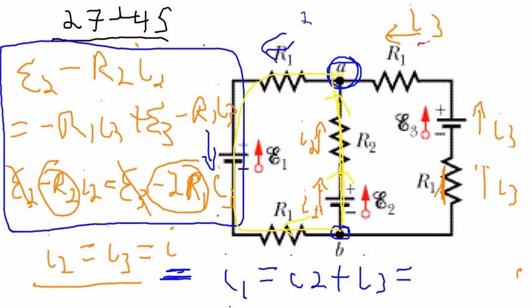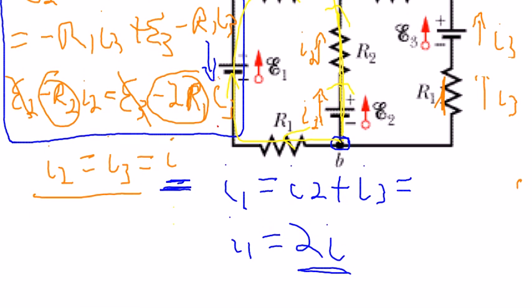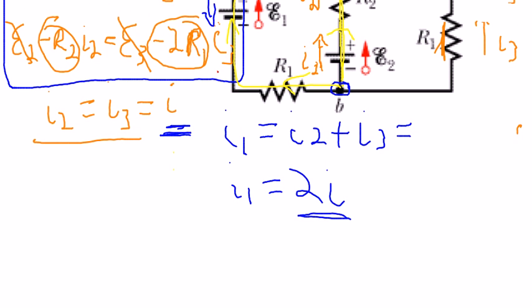You can travel left to right or right to left, A to B or B to A, doesn't matter. But compare those two and use that information to solve for your current value. Go ahead and give that a shot. Let me know if you need any hints or more help, and we will be solving these types of problems a lot more tomorrow.